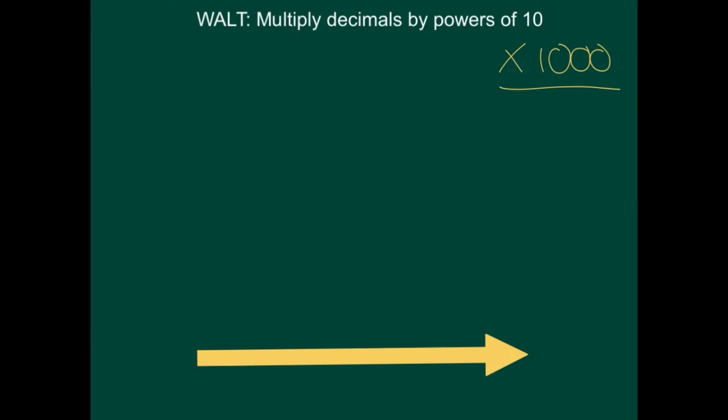Now let's go tricky again. What if we had the number 1.6 times 1,000? What do we do? Well, we've got 3 zeros, so we're just going to move it 3 places again. But this time we have to put some placeholders in, and our placeholders are always 0. So if we move it one, that means we're timesing it by 10, and that means the answer would be 16.